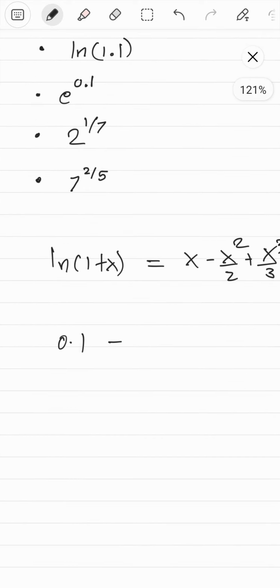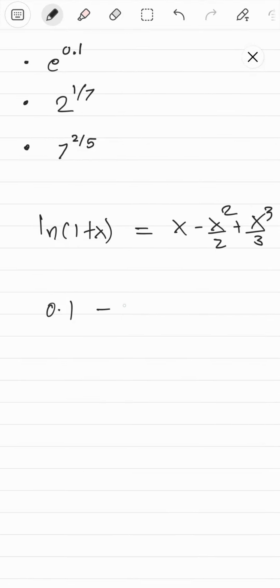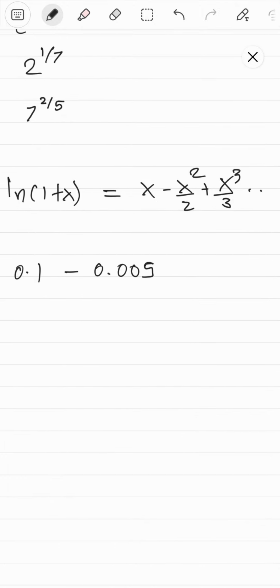It's going to be 0.1 minus 0.01 upon 2, which is 0.005, I guess. And then you get 0.001 upon 3, that's supposed to be 0.000333, whatever.